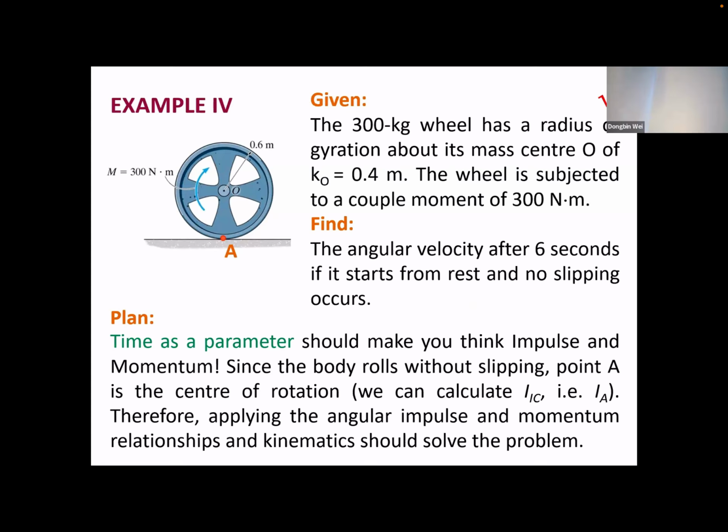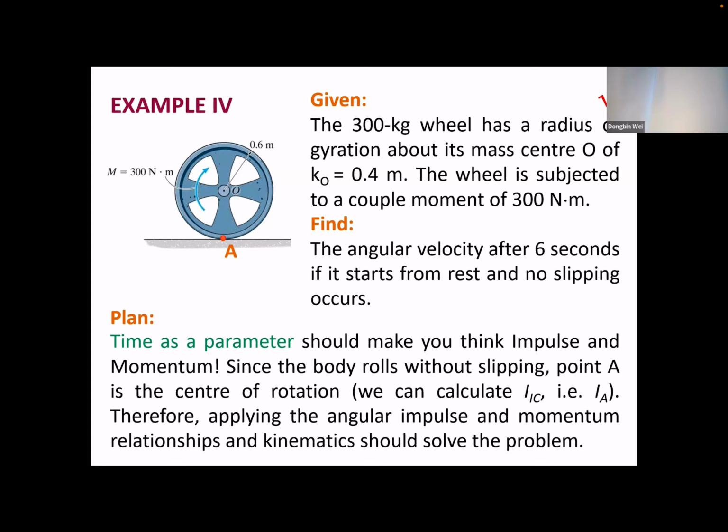There is a wheel, and this wheel is rolling forward without slipping, and the couple moment direction is clockwise. That means finally the angular velocity of this wheel should be clockwise.